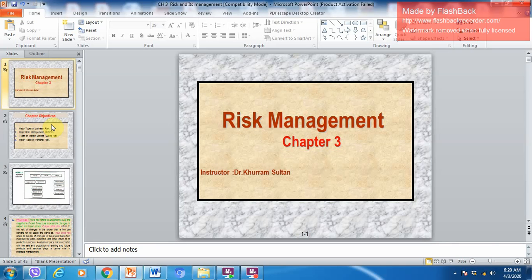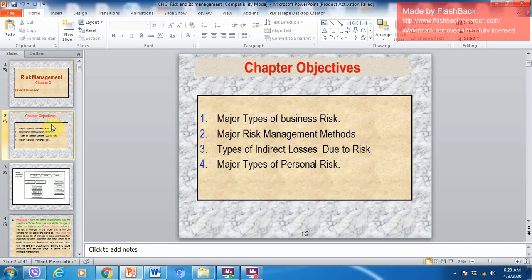Today the next topic that we are going to discuss is chapter 3. The name of chapter 3 is risk management. This chapter covers 4 subtopics that we will discuss one by one. The first one, our target today, is the major types of business risk.